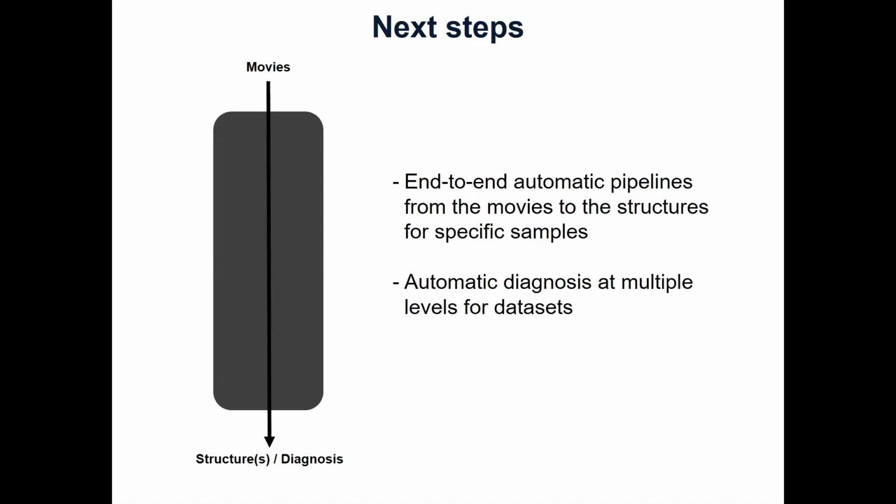And finally, we are working on extending the pipeline into the 3D realm. So we're working on an end-to-end automatic pipeline, basically from the movies all the way to the structures. That is when you have some prior knowledge of the structure to be solved from the data.